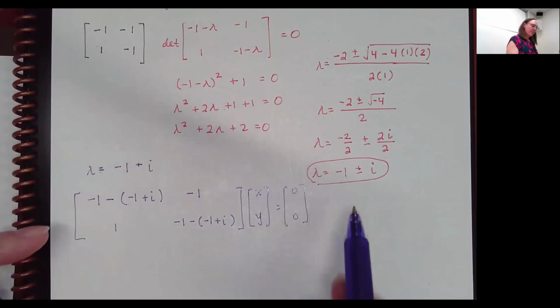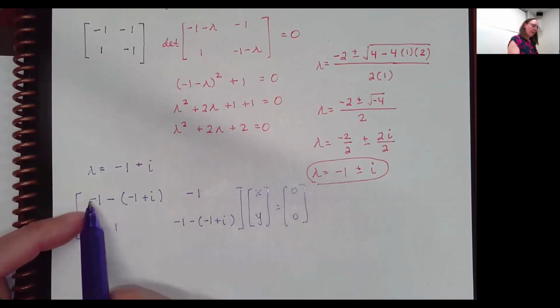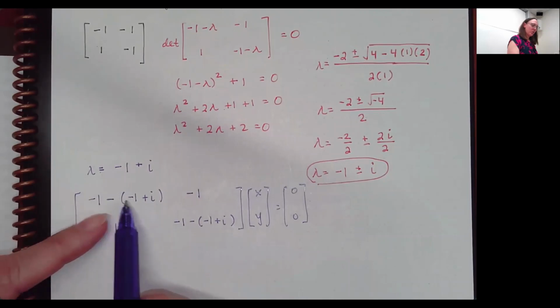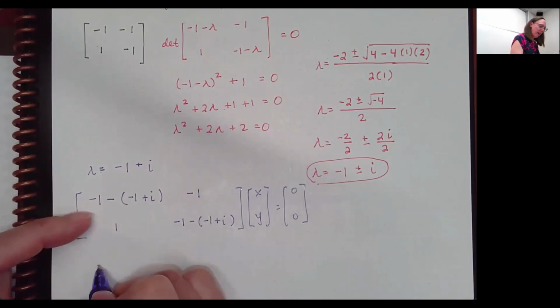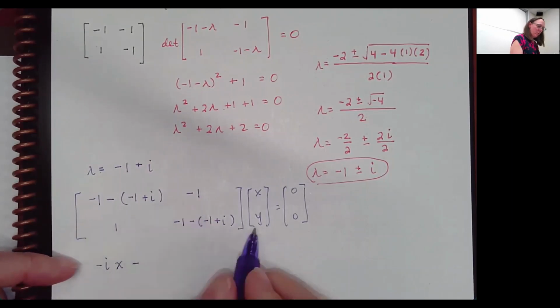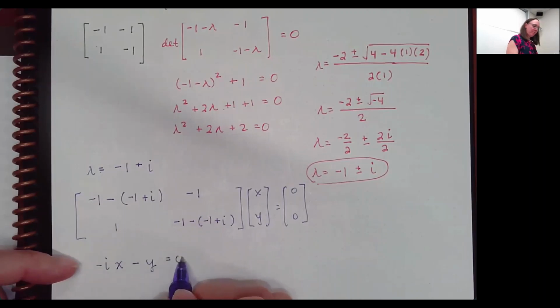So if I go across the top row, I've got -1 and minus -1. So those are going to go away. My minus sign is going to distribute in. So I've got -i times x minus 1 times y has to be equal to 0.